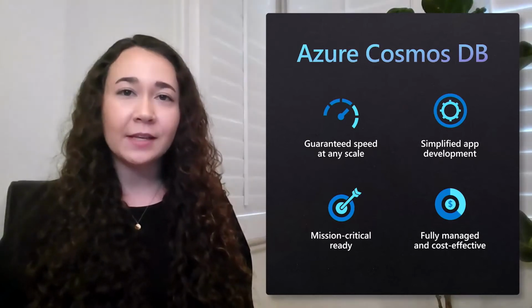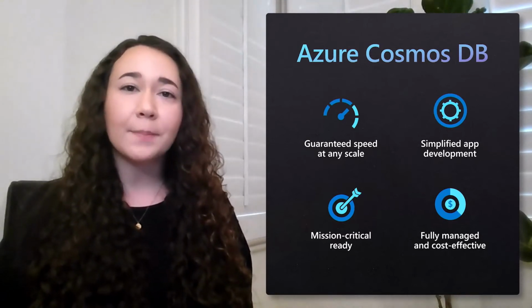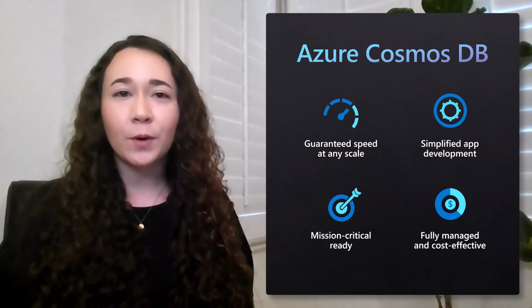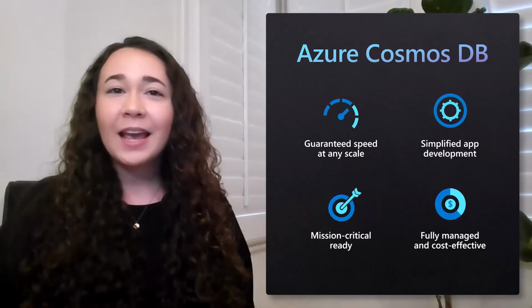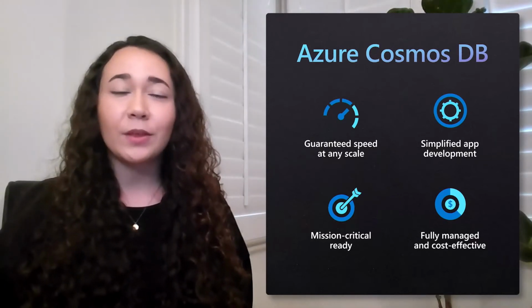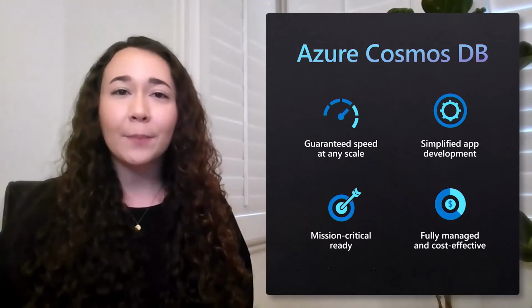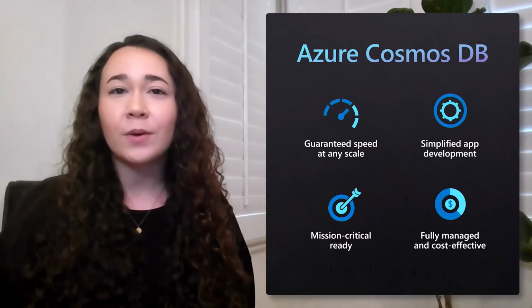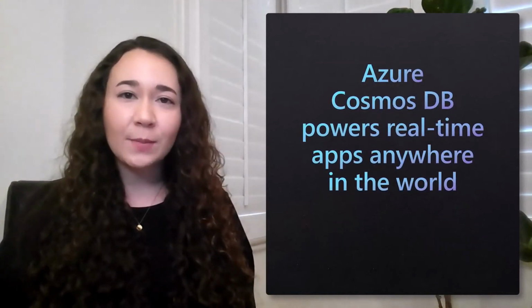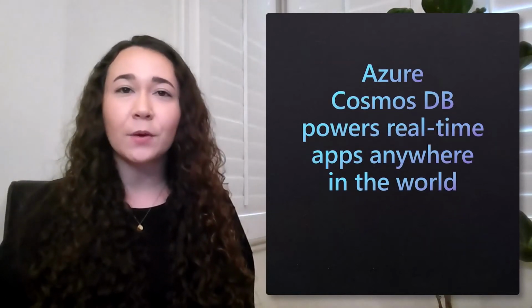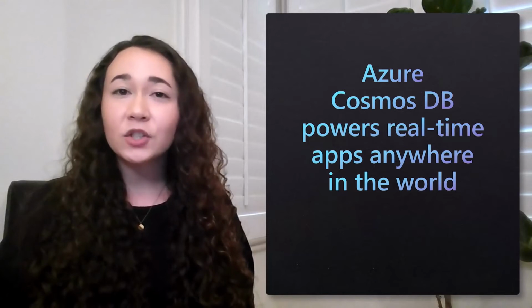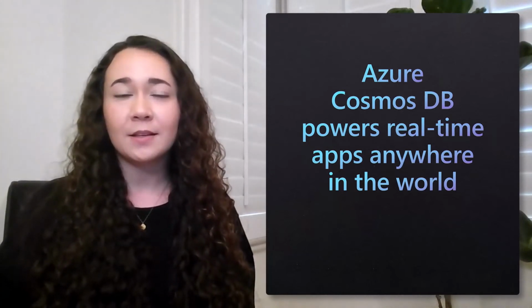As a fully managed service, there is automatic management, updates, and patching, so you don't have to worry about database administration. It also handles capacity management with cost-effective serverless and automatic scaling options that respond to application needs to match capacity with demand. Azure Cosmos DB powers many real-time apps around the globe across various industries and spanning many use cases.